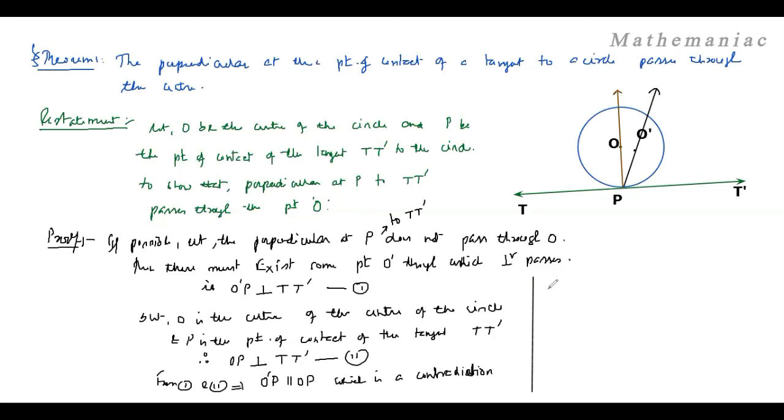So we will now say, this contradiction arises due to our incorrect supposition, right? Incorrect supposition. Okay, what was the incorrect supposition? That this perpendicular will not pass through O.